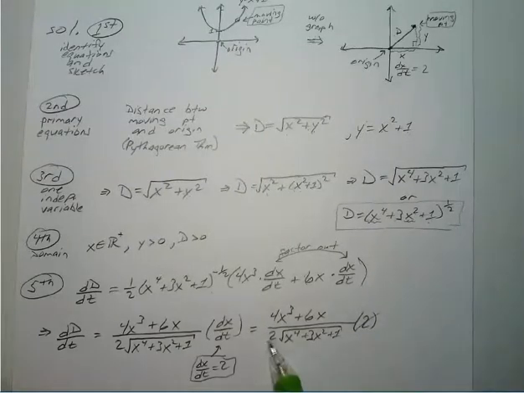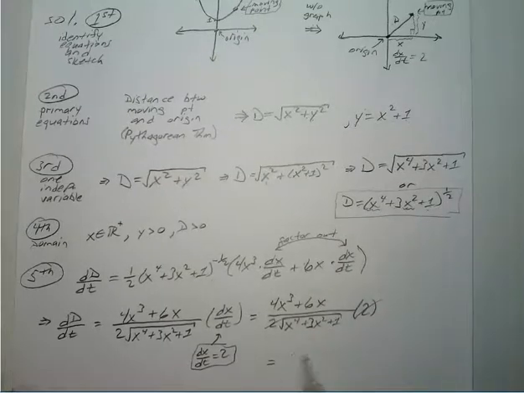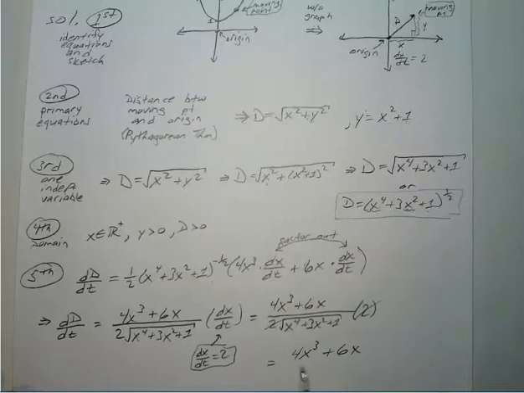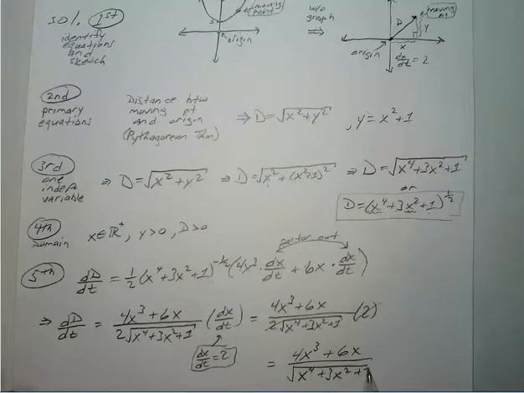Where these two will cancel each other out. So that will equal 4x to the 3rd plus 6x over the square root of x to the 4th plus 3x squared plus 1.